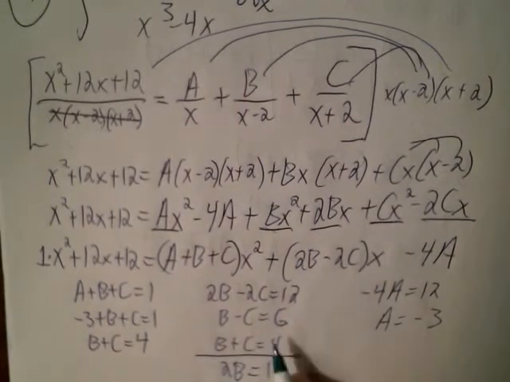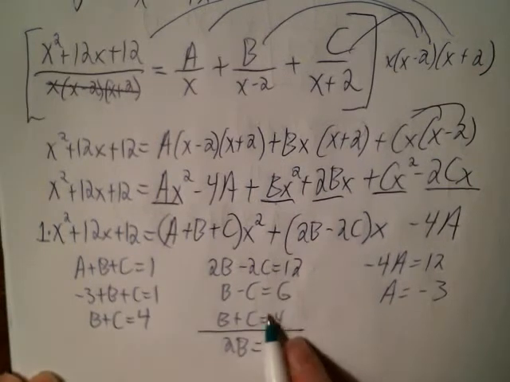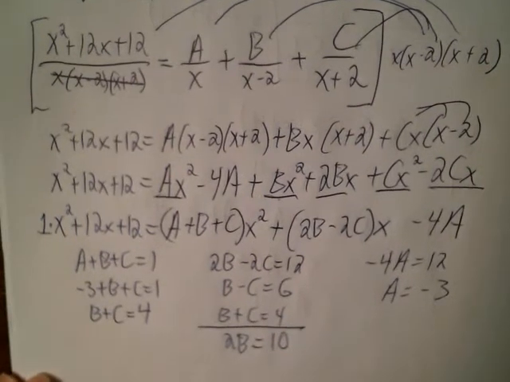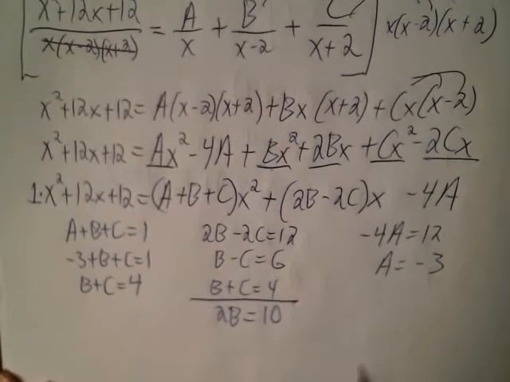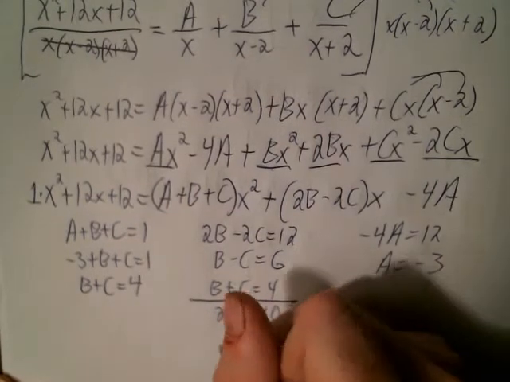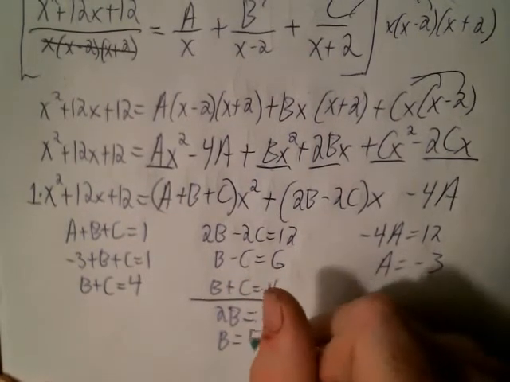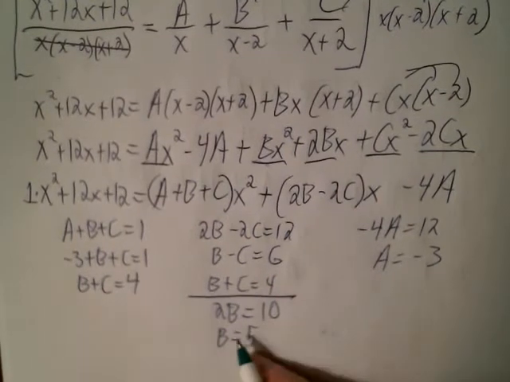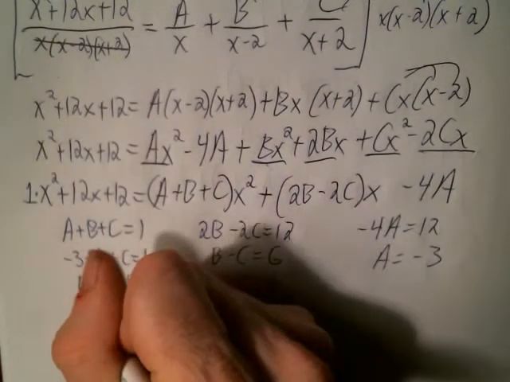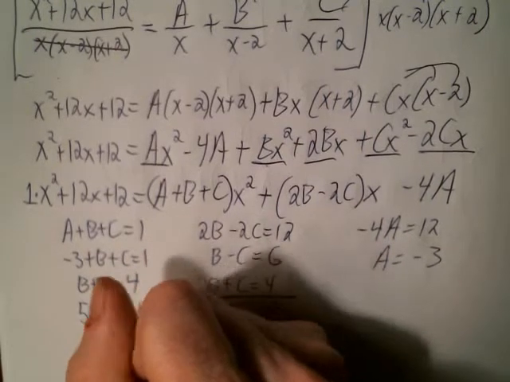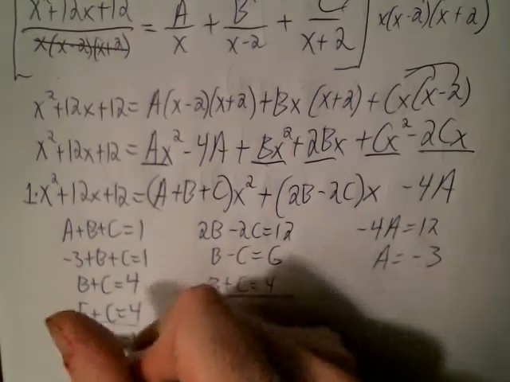So I just did the addition rule for solving equations. I'm using both substitution and addition rules. Divide both sides by 2. I get B is 5. So finally plug that into here. 5 plus C is 4, so C must be -1.